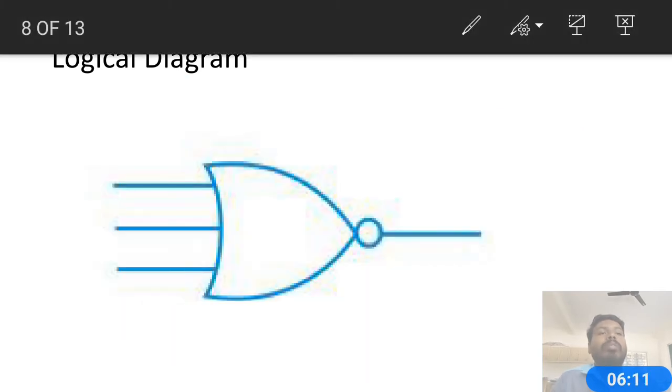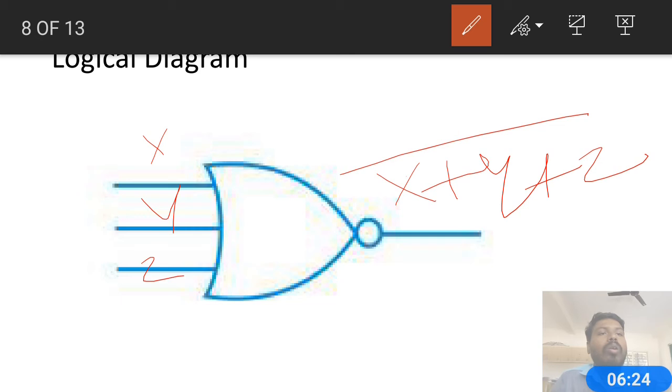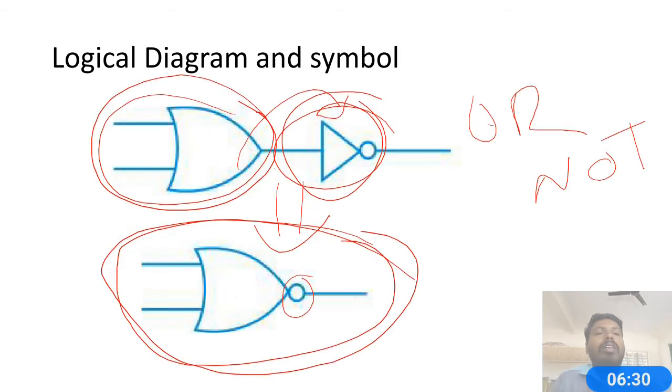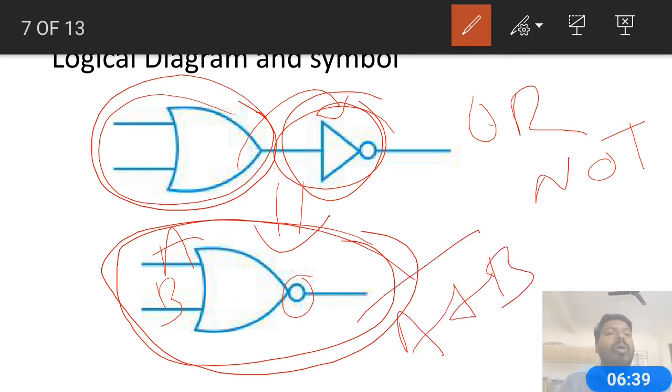This is a 3-input NOR gate. If we give x, y, z, then the output will be (x plus y plus z) the whole complement. In the case of 2 inputs, if we give a and b, what will be the output? (a plus b) the whole complement.